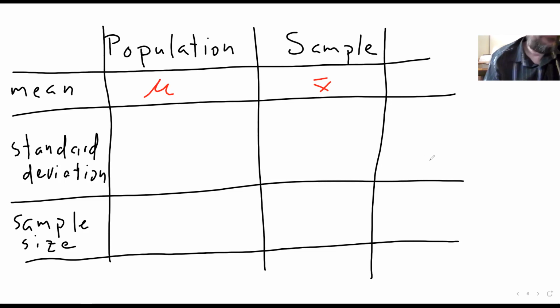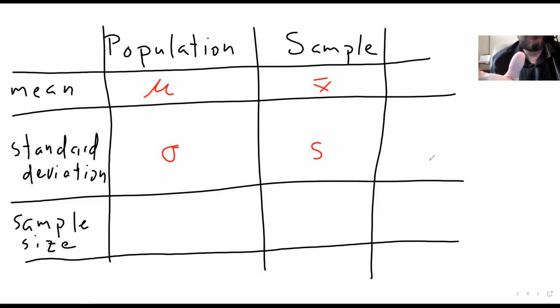The symbol for population standard deviation is a sigma, which is a Greek lowercase s, actually. It looks like an O with a tail on the upper right. The symbol for sample standard deviation is s. You might notice a running theme here that parameters tend to be Greek and statistics tend to be English letters.